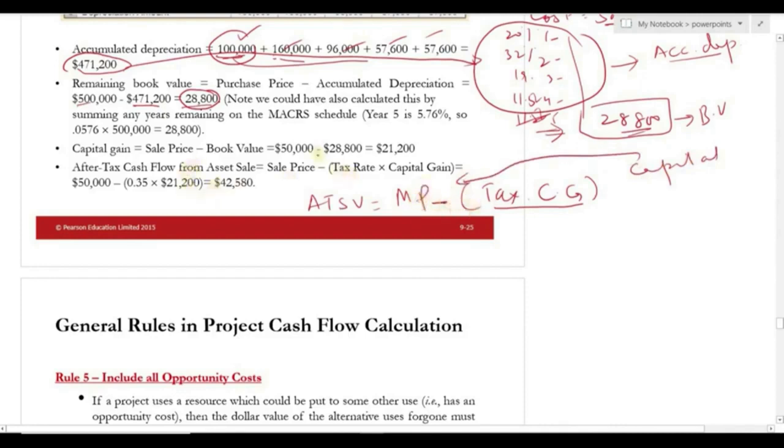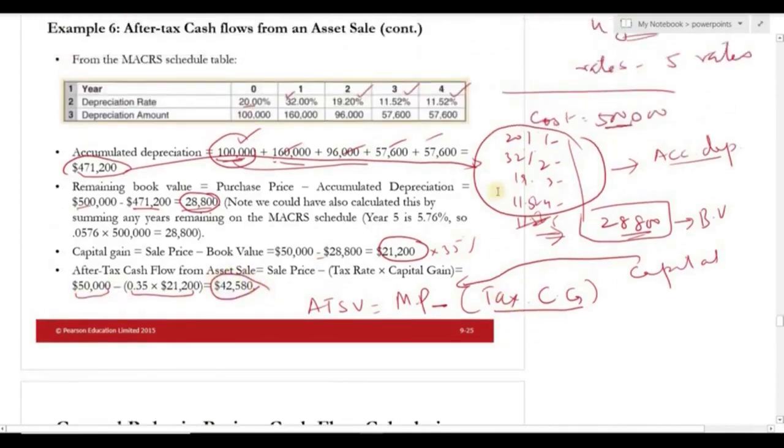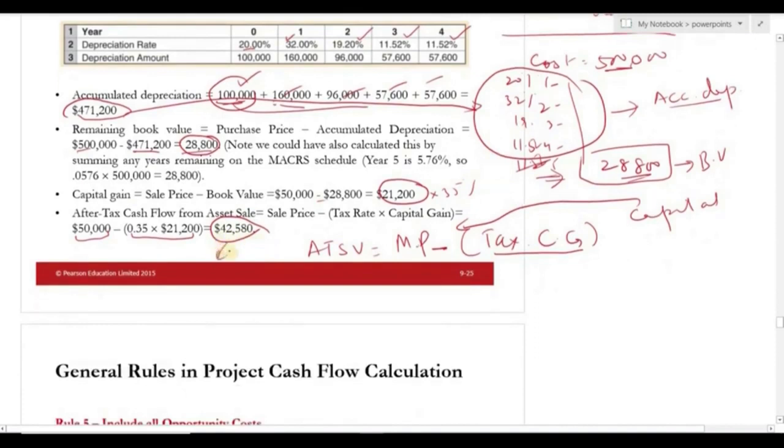Okay, so 50,000 minus 28,800, 21,200 is the capital gain, so we have to multiply it by 35% to get the tax. So this is the tax payment, and you are receiving this 50,000. So net cash flow would be 42,580, right? So this would be the after tax salvage value.